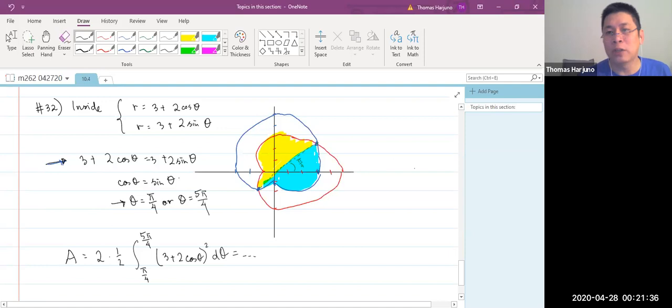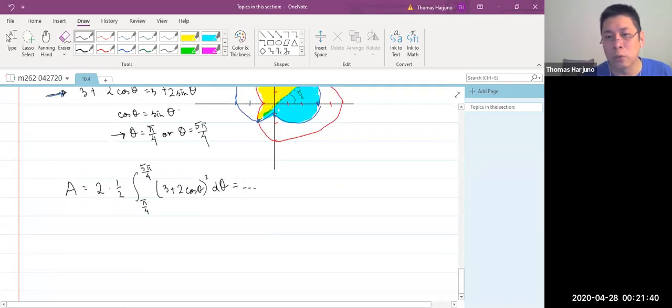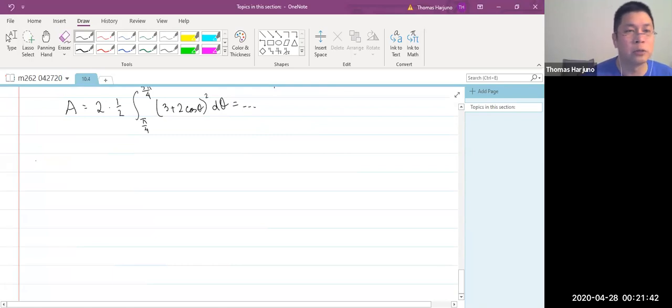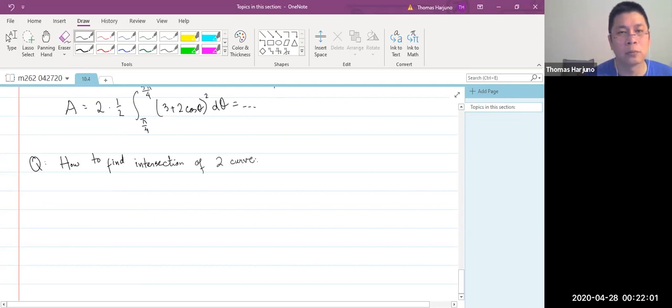Now, of all these things that we have done, it actually boils down to one important question: how to find the intersection of two curves in polar.